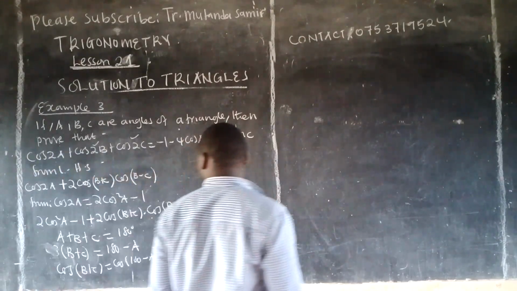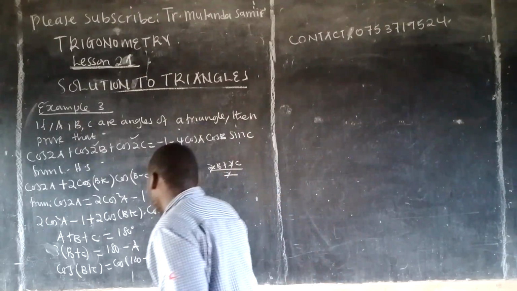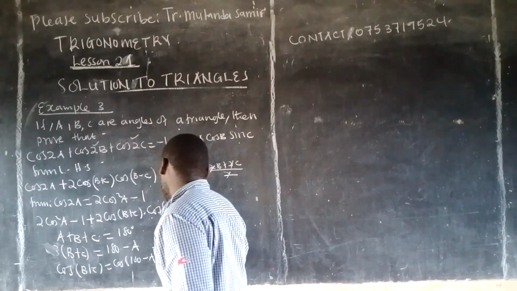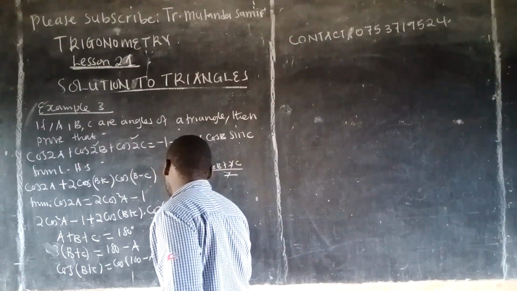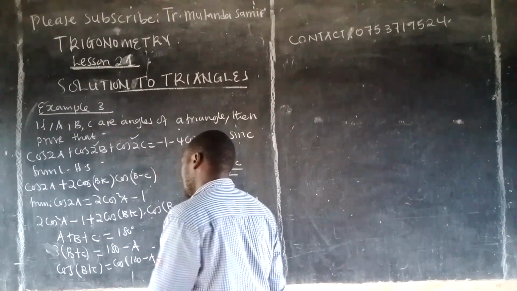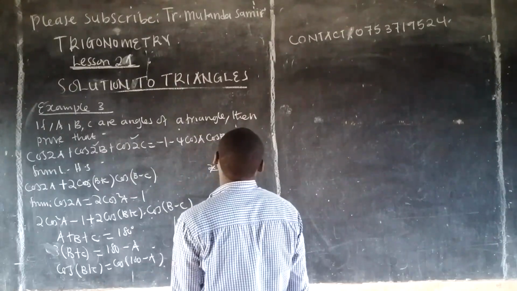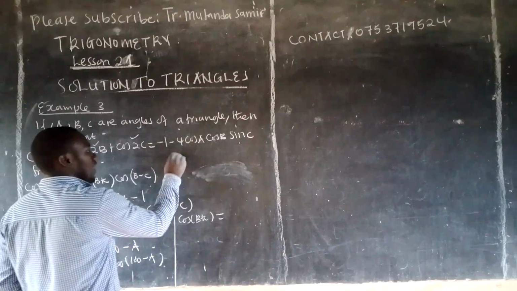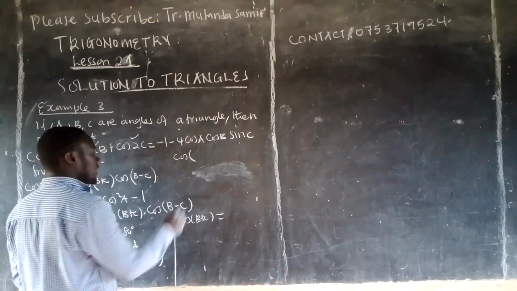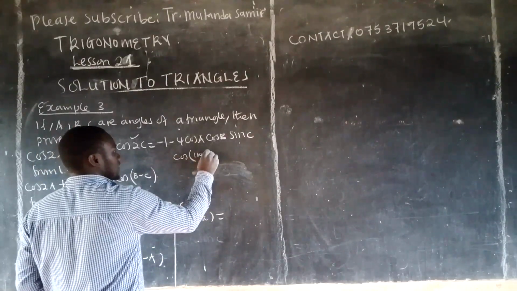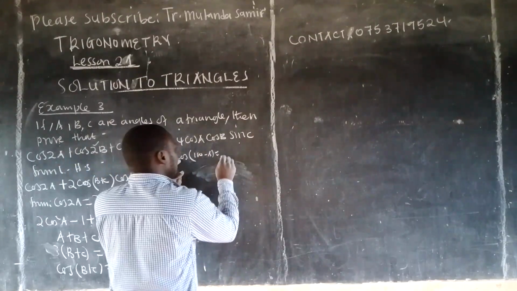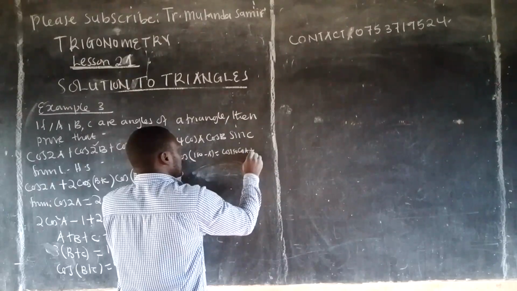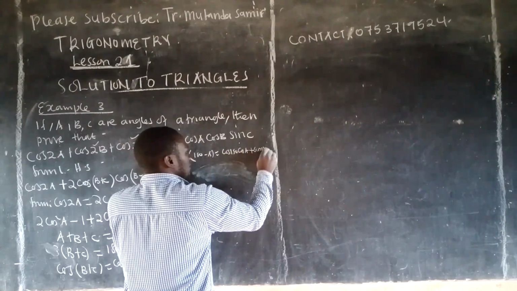So therefore, in simple terms, I'm only dealing with this part. Cos of b plus c will be the same as what? You try to expand this, and I want us to do the expansion from here so that you can see. Cos of 180 minus a will be the same as cos 180 cos a plus sin 180 sin a.